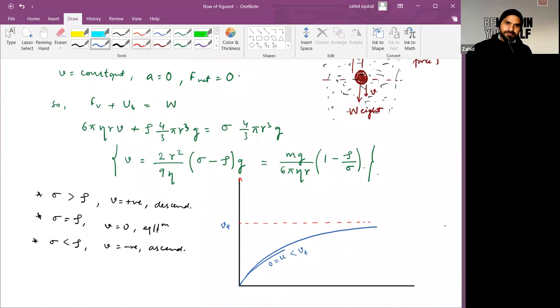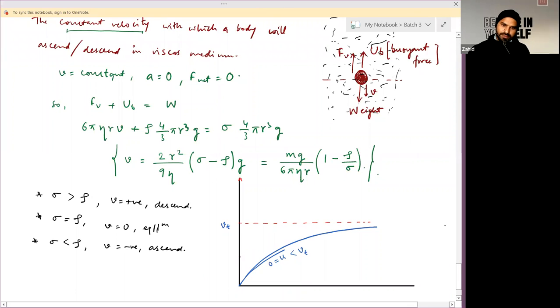Suppose another object is dropped downward with some velocity but less than terminal velocity. It may attain terminal velocity at this instant, so it will have velocity greater than 0 but less than terminal velocity.